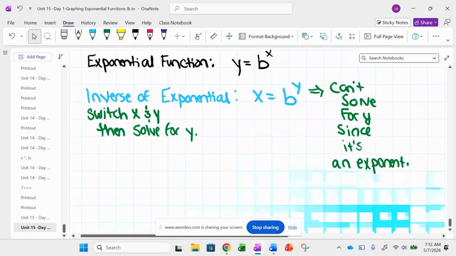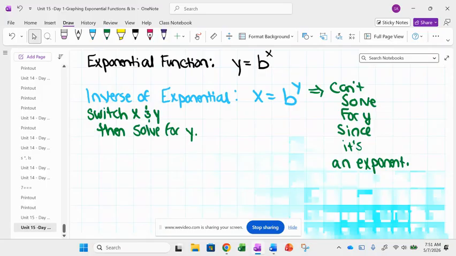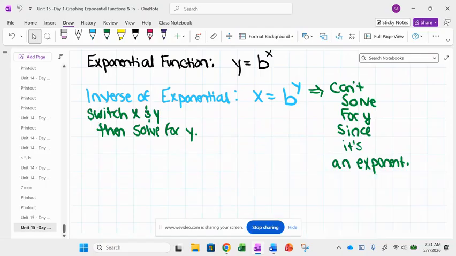So if I have an exponential function and I want to find the inverse equation, our normal algebraic method says switch x and y, then solve for y. But when we do that for an exponential, we get to sort of a standstill. We have a block in the road. We cannot solve for y because it's in an exponent. So that's where logs come into play.